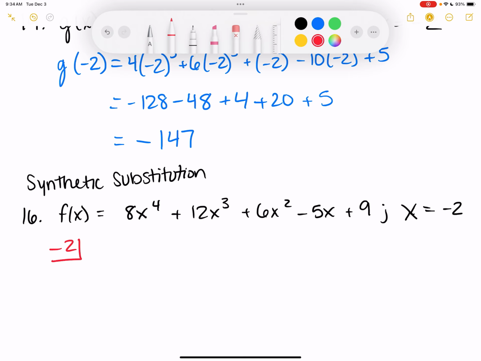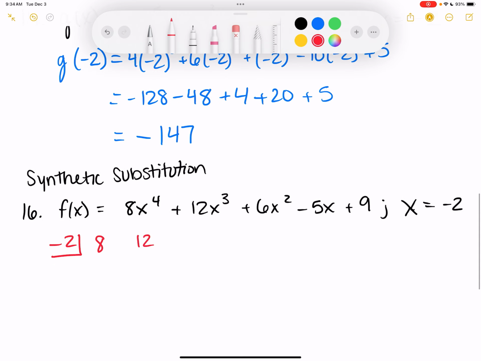So all I copy down is the numbers, not the variables or the exponents. So this is 8, 12, and take whatever sign is with it, 6, negative 5, and 9. I usually like to check right away to see if there are any terms missing, and I'll even put a little caret and write 0x cubed if that's the missing term, so that I don't forget when I'm writing it down.